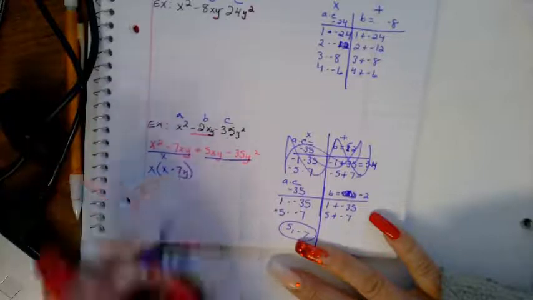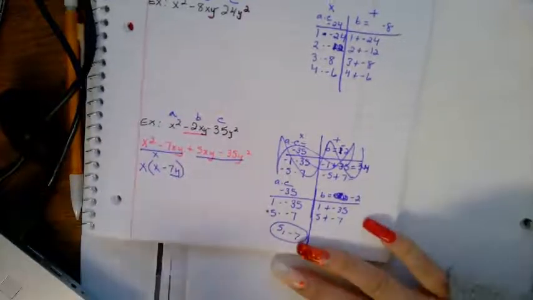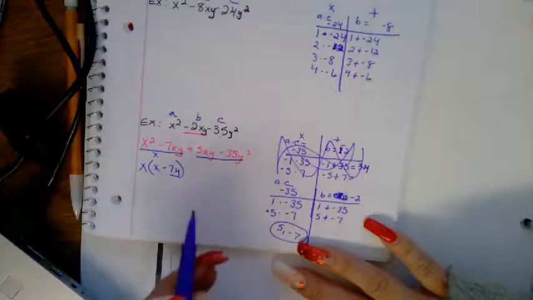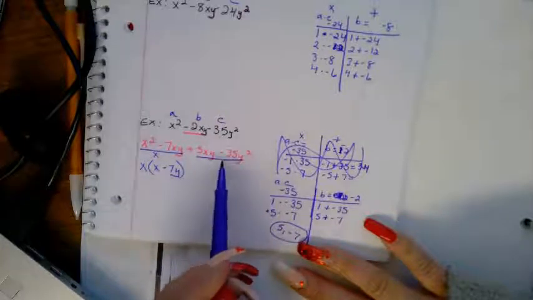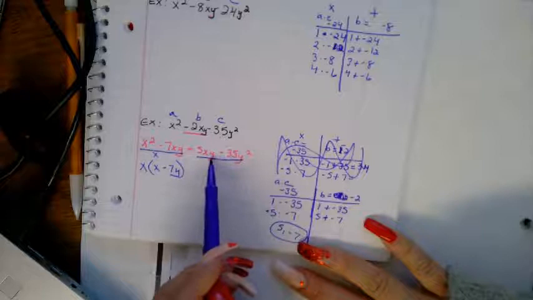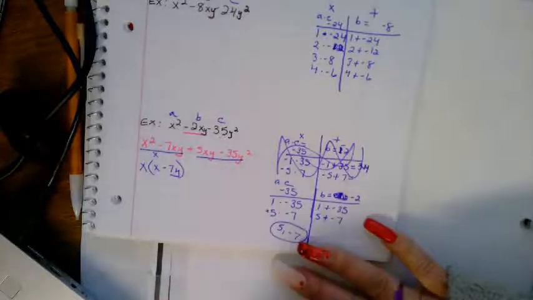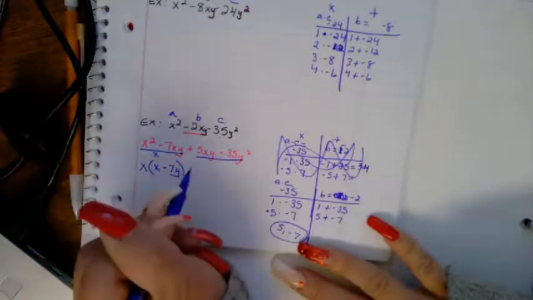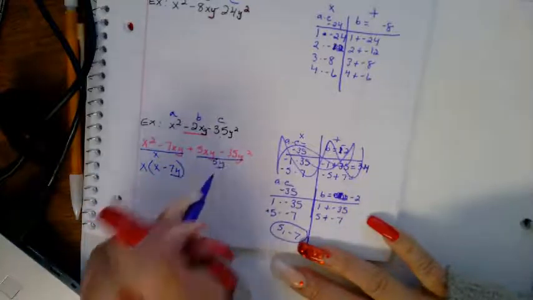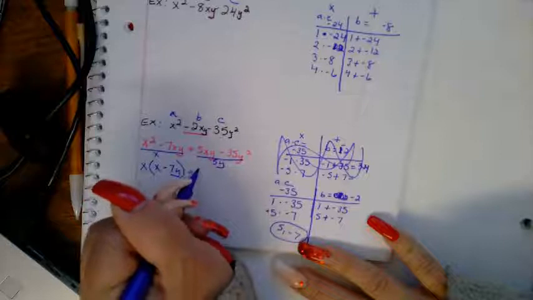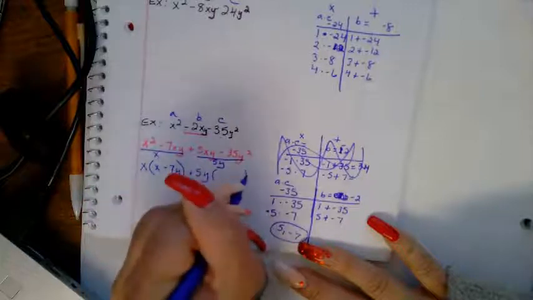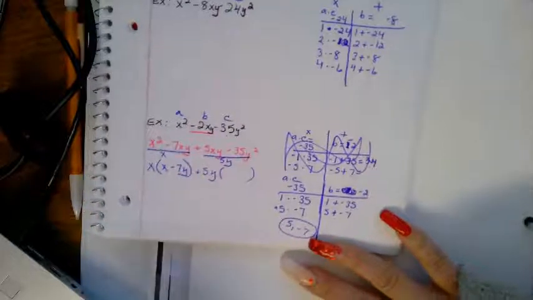Okay, and then this one, 5xy minus 35y squared, I'm going to pull out a 5y, because they have that in common. So I'm going to put it out here so I don't forget. And then we'll do 5xy divided by 5y, and that should give us an x, right?